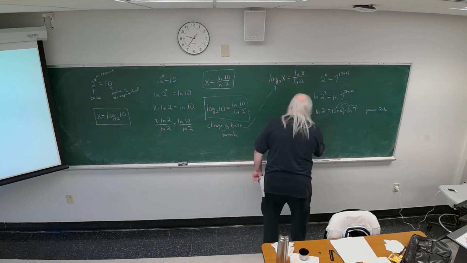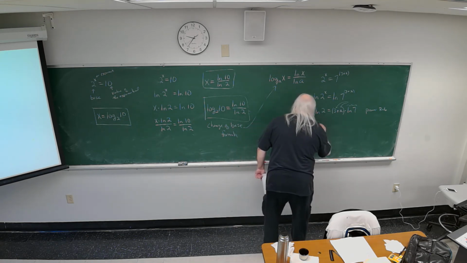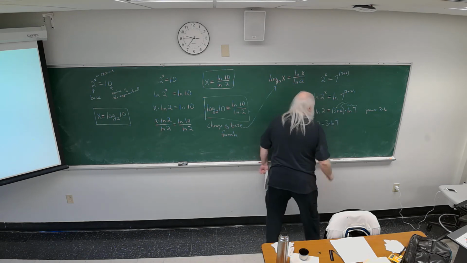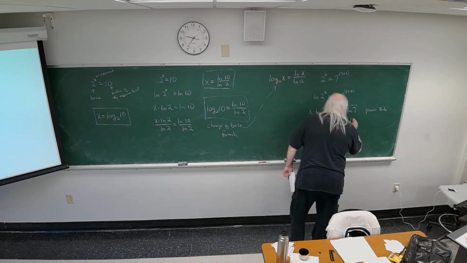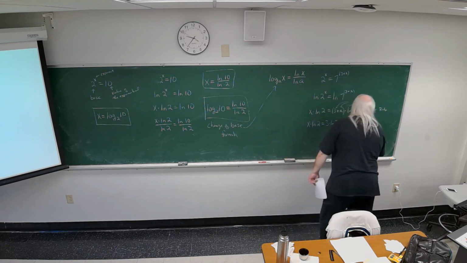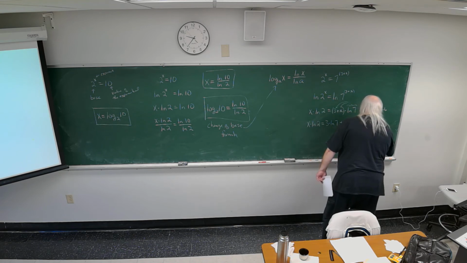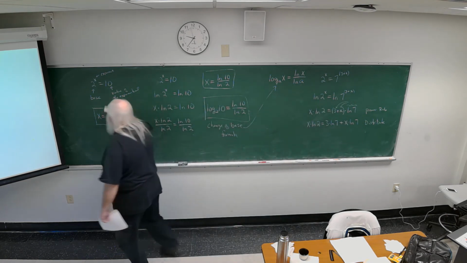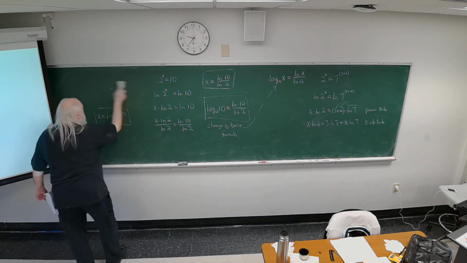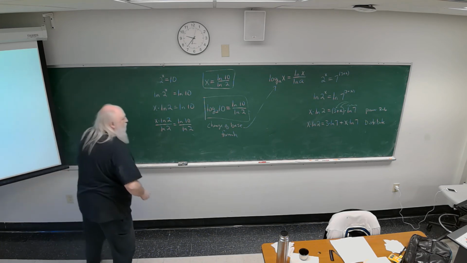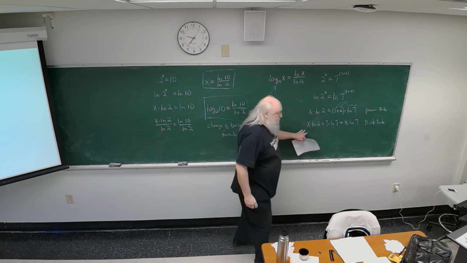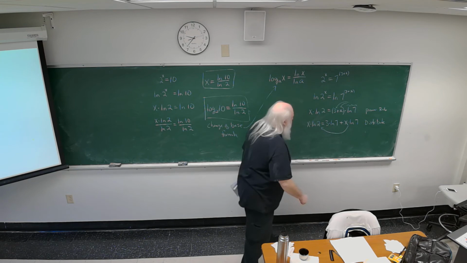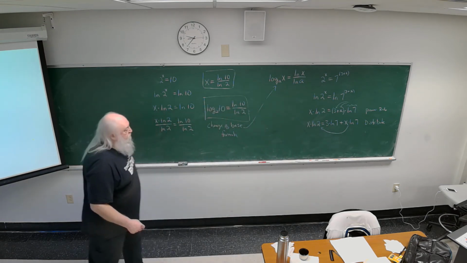So we have x times the natural log of 2 is equal to 3 times the natural log of 7 plus x times the natural log of 7. So we distribute. Well, now we want all the x's on one side, so we're going to bring the x times the natural log of 7 to the left-hand side by subtraction.